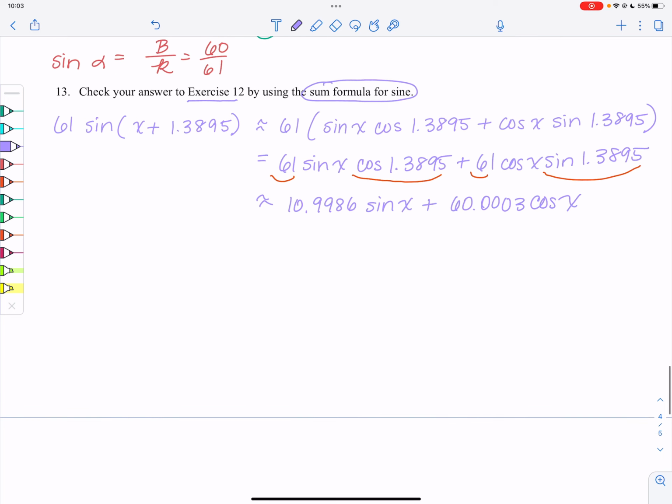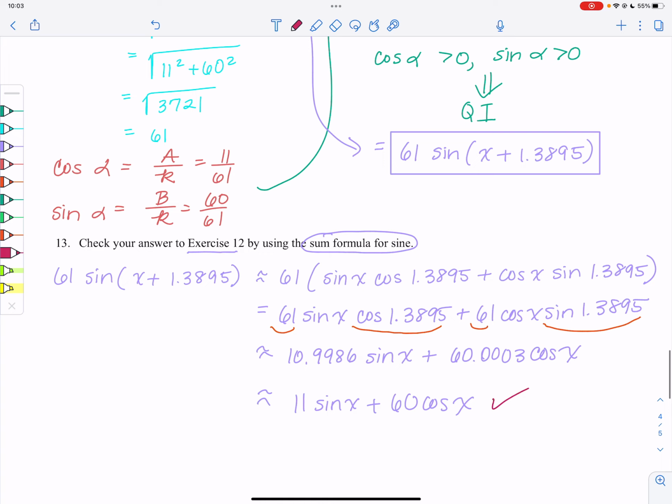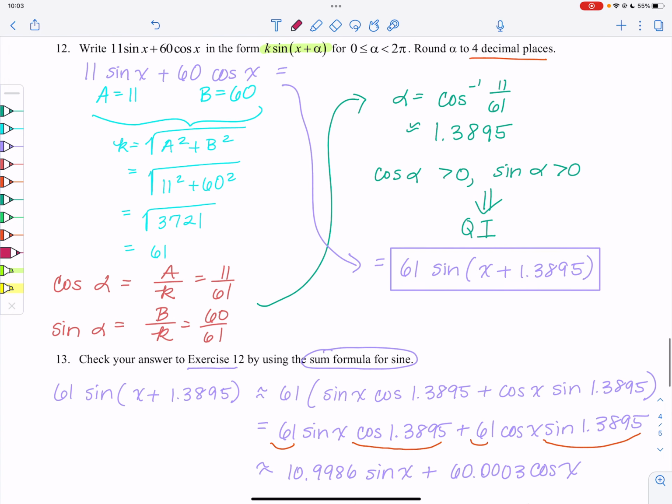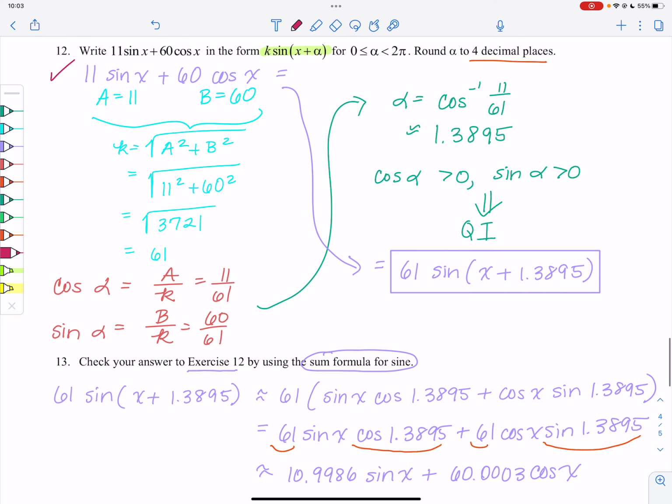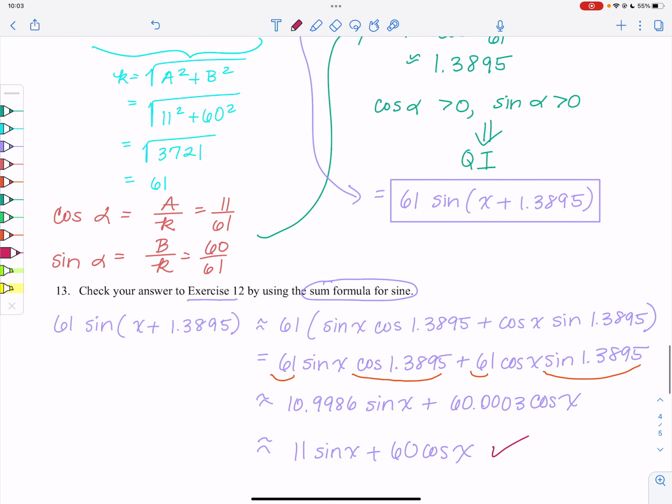And that's about equal to 11 sine of x plus 60 cosine of x. And that concludes this section.